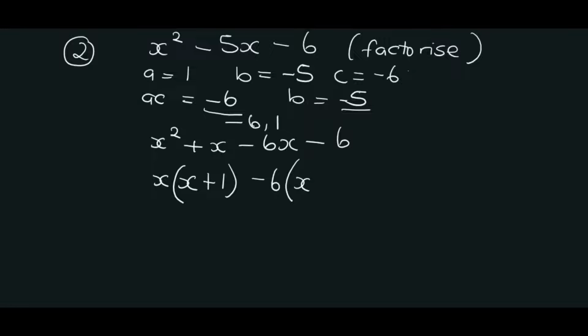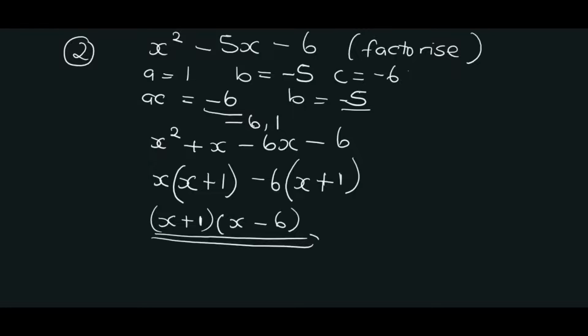Minus 6 into minus 6, we get 1. So plus 1. Then we put a bracket. So now we can factor out x plus 1 from both. And then remaining is x minus 6. So this will be the final answer for this question.